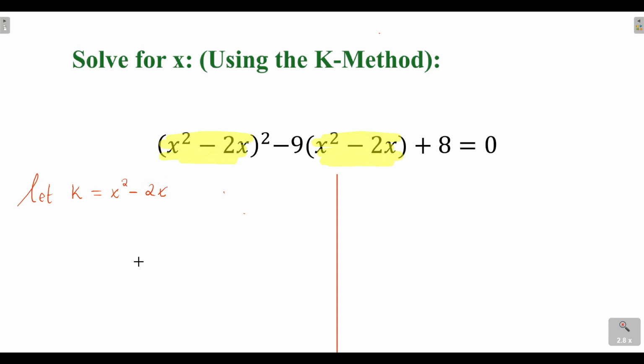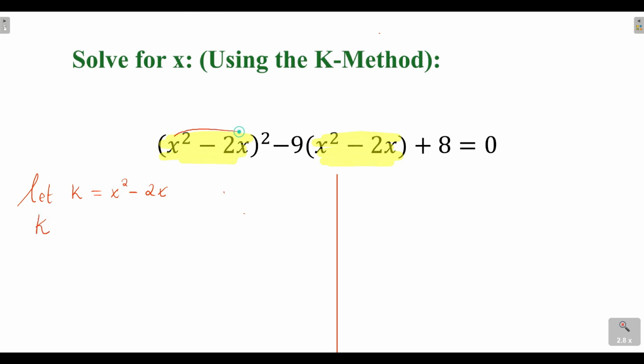After you've said, let me make what's inside these brackets equal to k, you can just substitute that k into this equation. Where we see an x squared minus 2x, we're going to put a k.